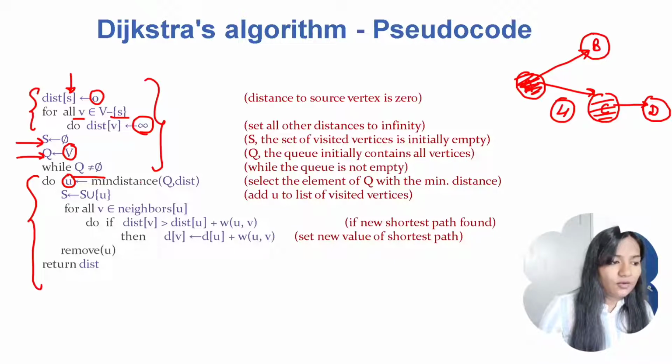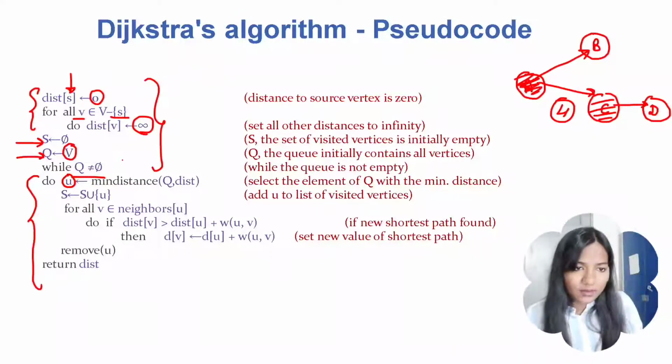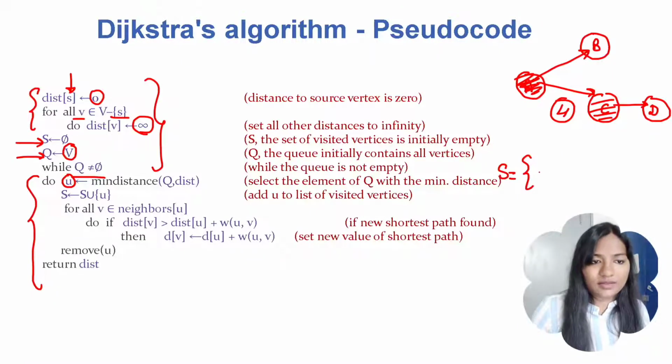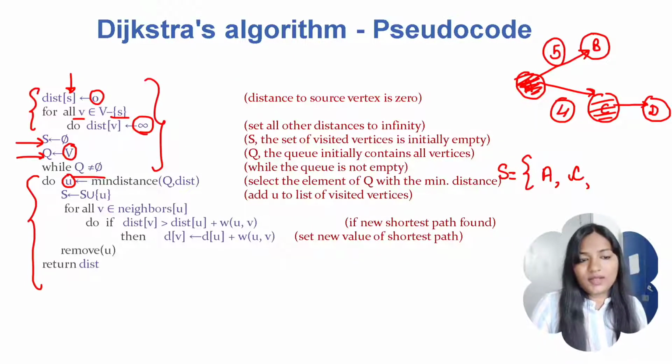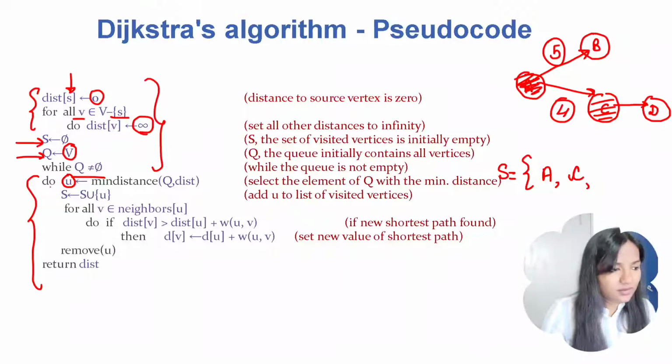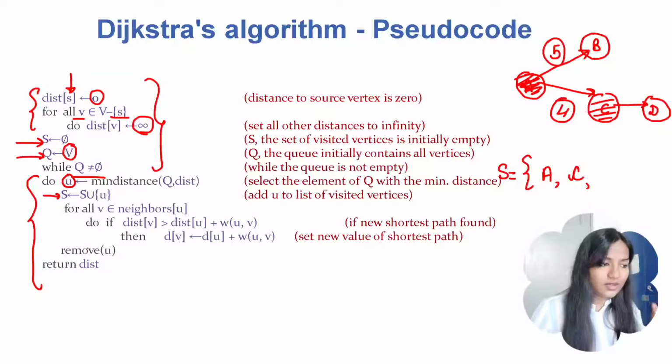Okay. So I will be appending it because this is the minimum distance I'm getting right now. So I will be appending C into my S. So this is my S. S will have my source vertex, that's A. Then I will get C because that's minimum. Let's consider this 5. So between B and C, C will be the minimum. Okay. So I have appended U into the set S.